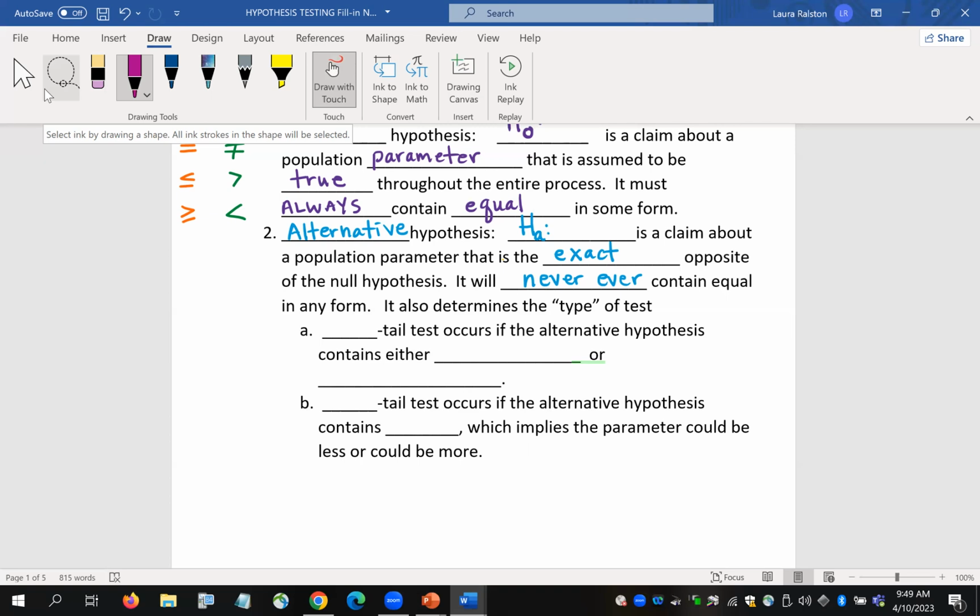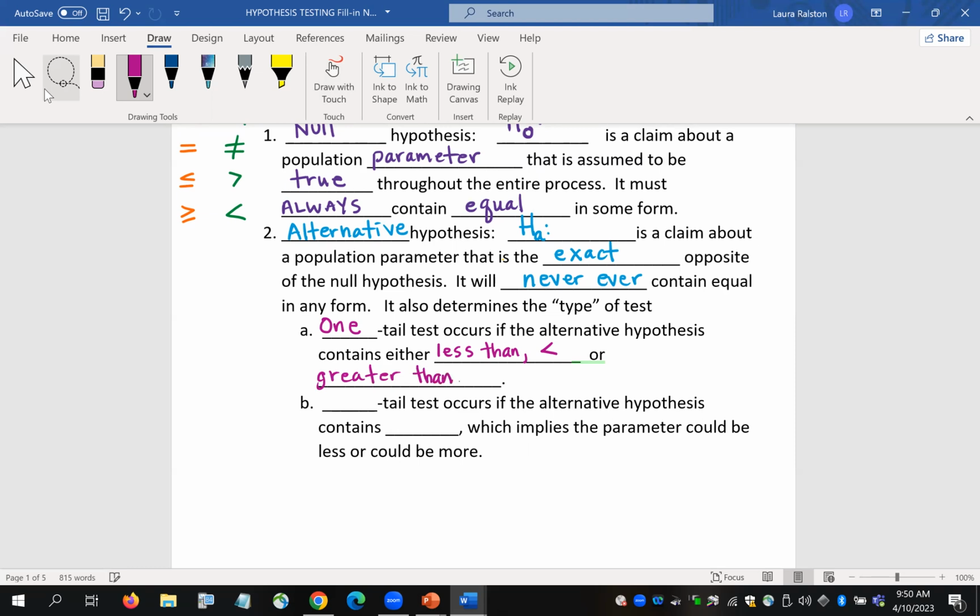By looking at the symbol, whether you have not equals, greater than, or less than in the alternative hypothesis, that's going to determine the type of test. We have what's called a one-tailed test if the alternative hypothesis contains less than or greater than.